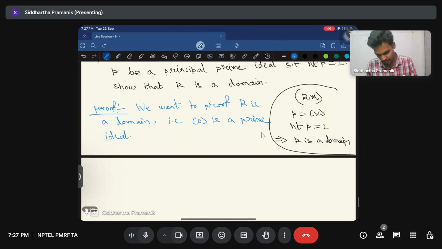Now P is principal, so let P be the ideal generated by x.